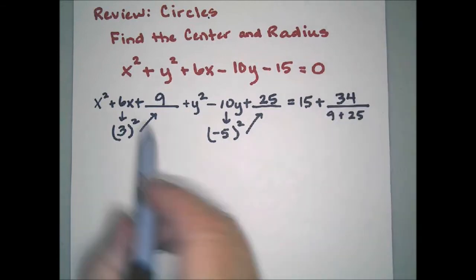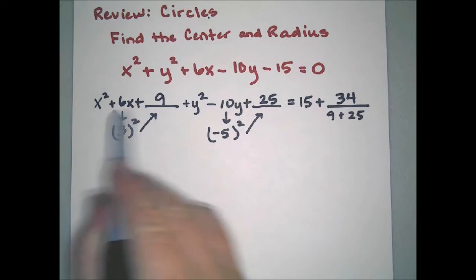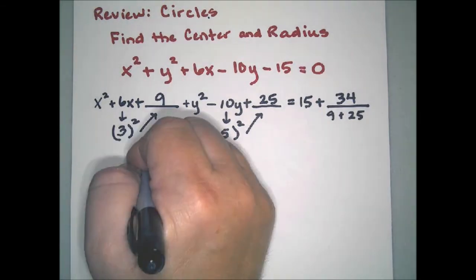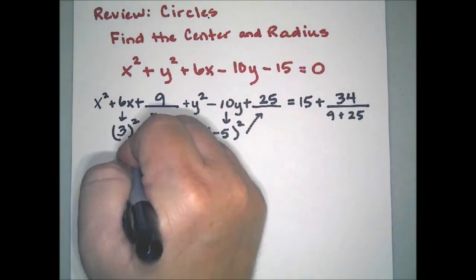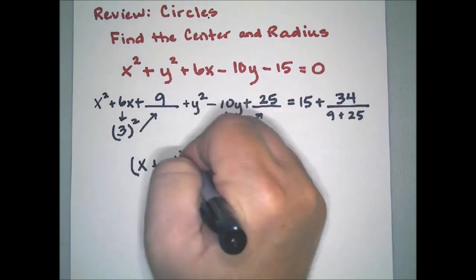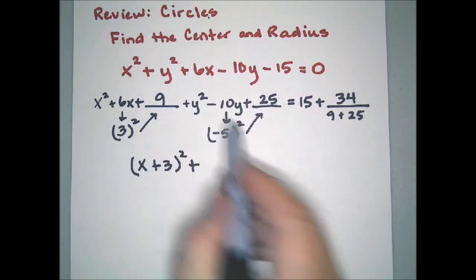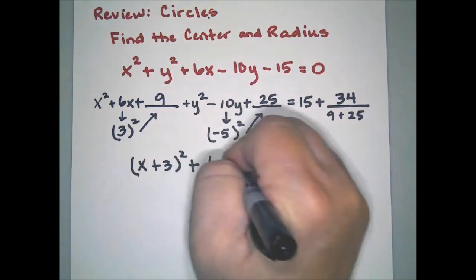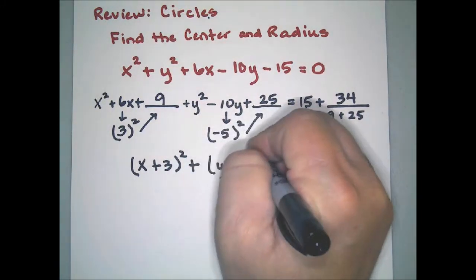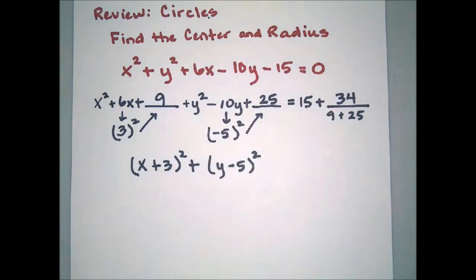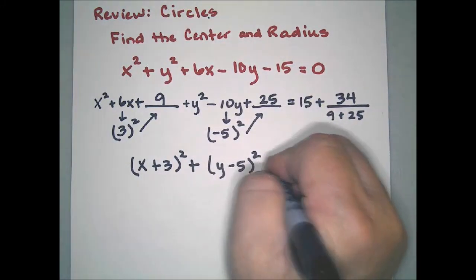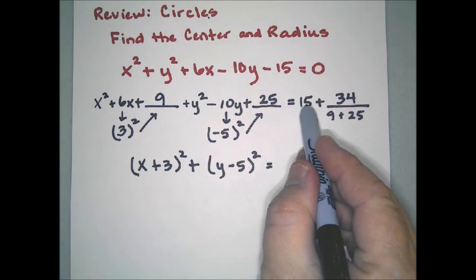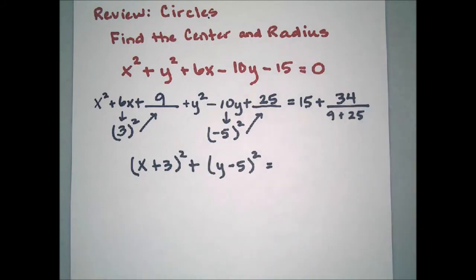So the perfect square that I created with the x's would be x plus 3 quantity squared. Now for the y's, the perfect square I created was y minus 5 quantity squared equals, now, 15 plus 34 is 49.